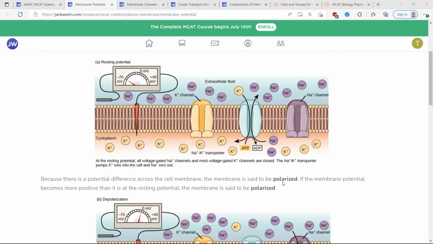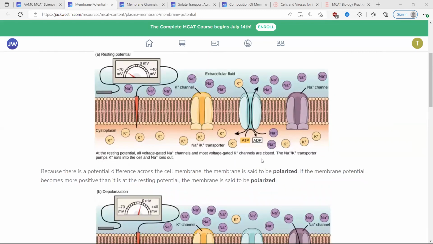In that sense, because this membrane has a negative charge of -70 millivolts, or a negative potential rather, then we can consider the membrane polarized, right? If it was 0, it would be nonpolar. There would be no difference, but there is a polarity here.